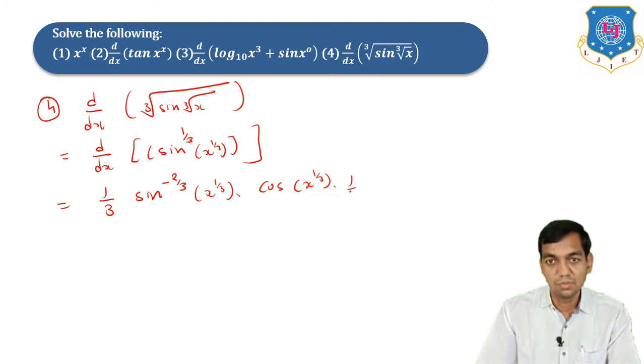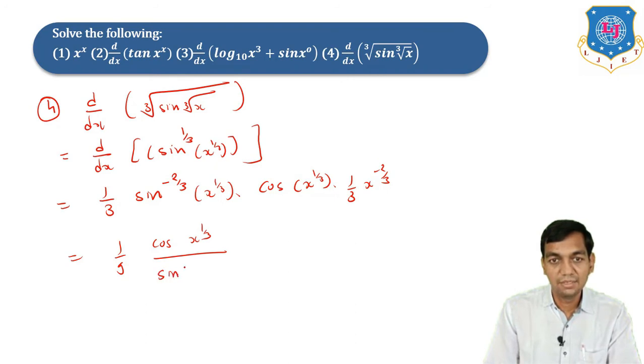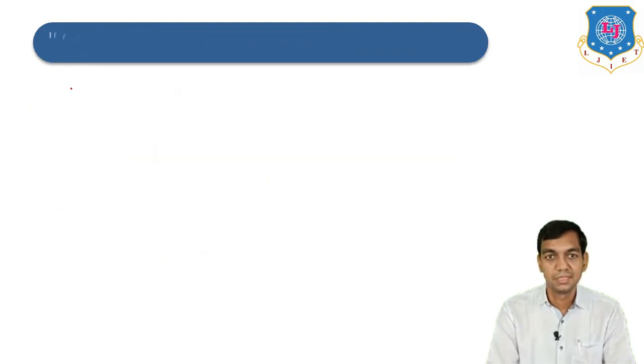So x raised to 1 by 3 has a derivative x raised to 1 by 3 minus 1, that means minus 2 by 3. And if you simplify these terms, then the final answer is 1 upon 9 cos x raised to 1 by 3 divided by sine raised to 2 by 3 into x raised to 1 by 3. Okay, so this one is the answer.